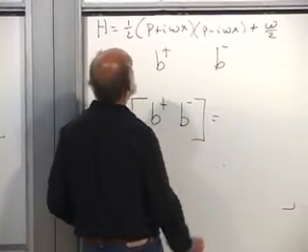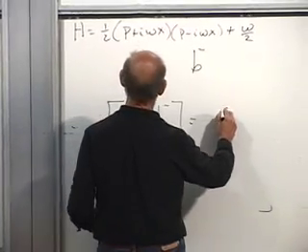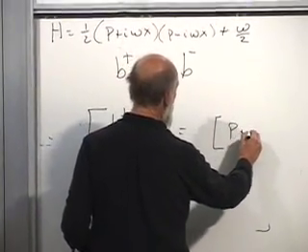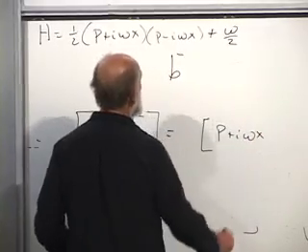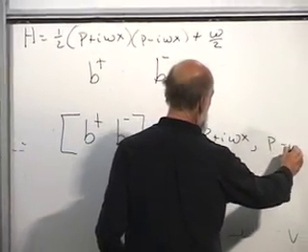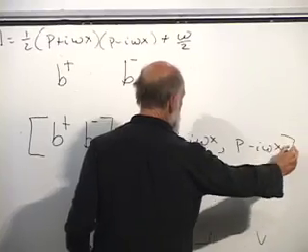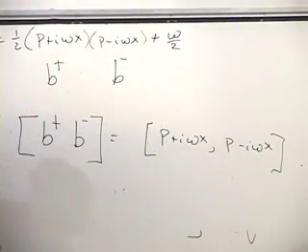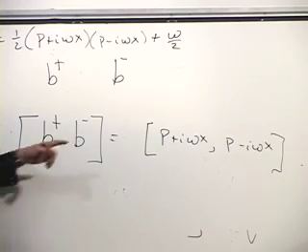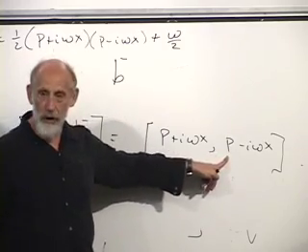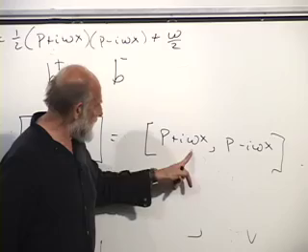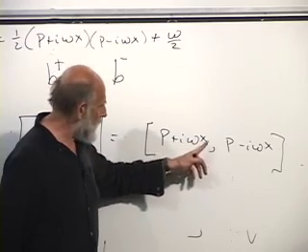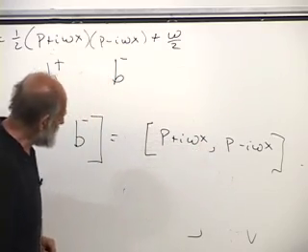So what is this? This is the commutator of p plus i omega x with p minus i omega x. We start working out the commutator. The commutator of p with p is 0. What about the commutator of i omega x with p?